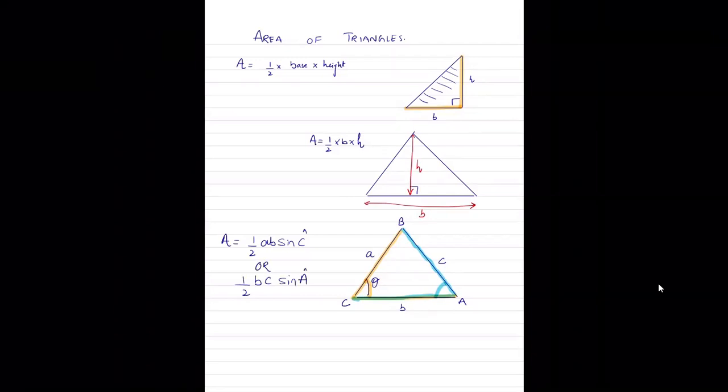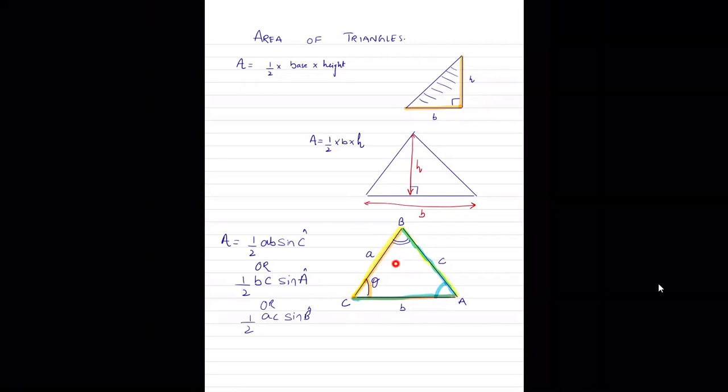Okay, and if you are given, let's say, this side and this side AB, then for the area you will have to use this angle B. So you can write half AC times sine of angle B. There are numerous ways of getting this same area.